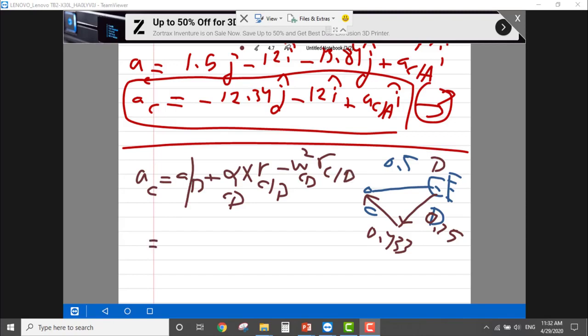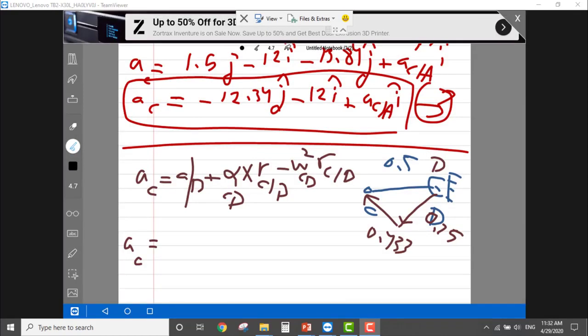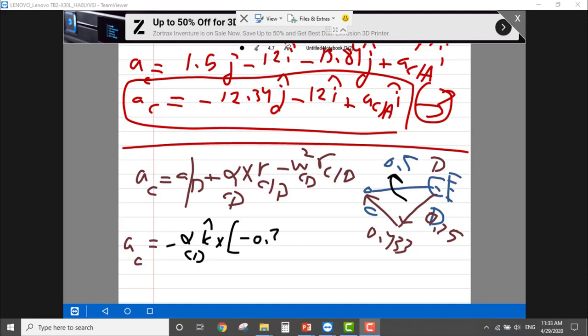For alpha CD, we assume that this link rotates clockwise, so it will be minus alpha CD in the K direction, cross product. If I want to move from D to C, I will move first in minus 0.25 J direction, then in the negative 0.433 I direction.